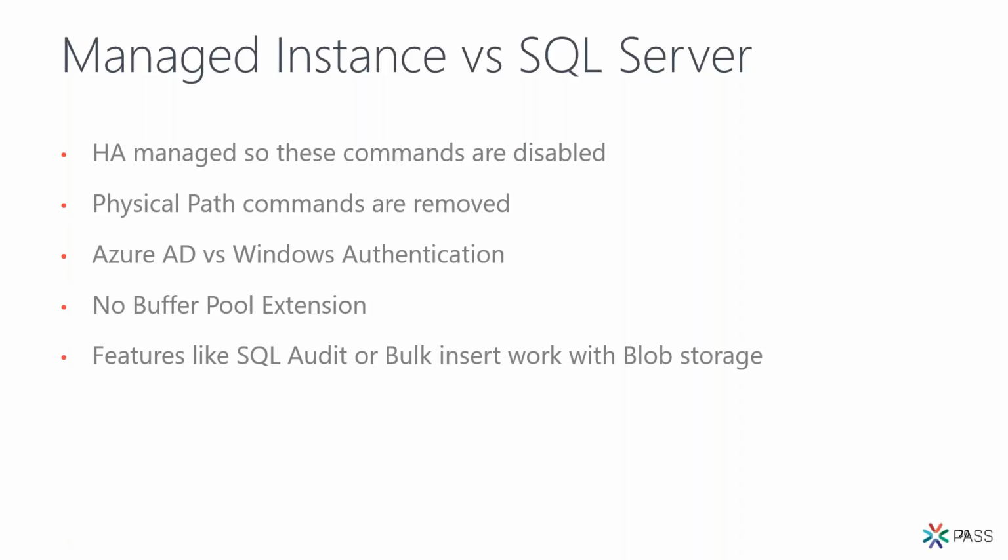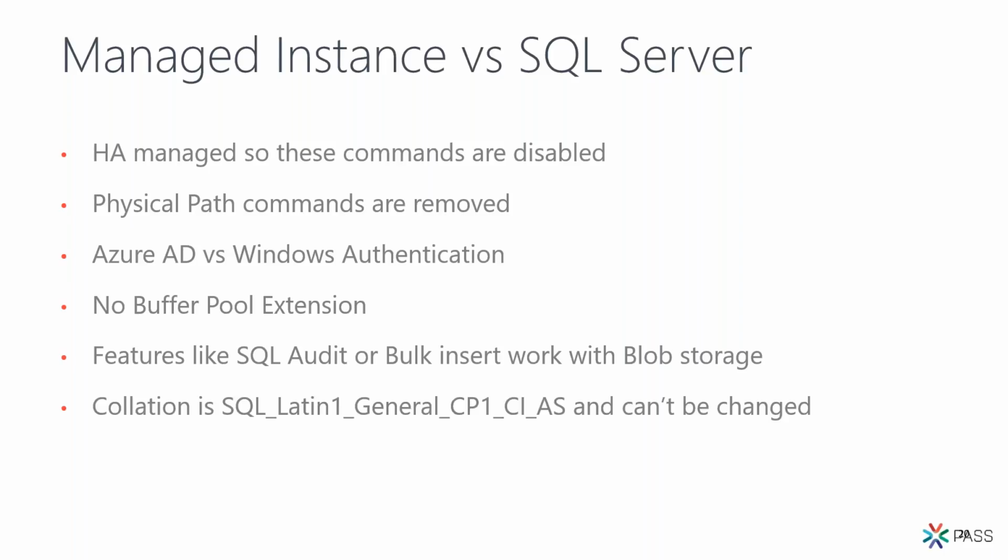And features that usually reference local storage, like SQL audit or bulk inserting from a file or backup and restore, they all only work with blob storage because obviously in the cloud, it has to assume that we're not working with the local storage, but the only storage that is always available is the cloud storage, right? So all these different features work with blob storage instead.